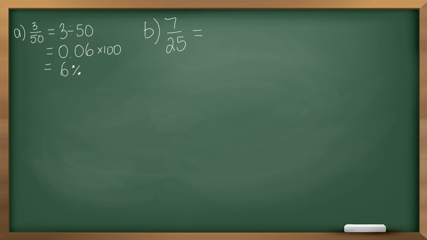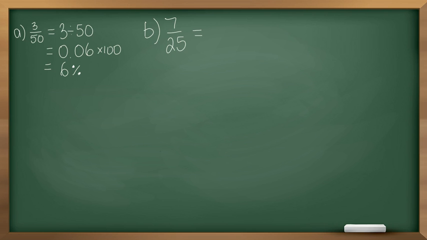So if I want an equivalent fraction that's out of 100, I would multiply 25 by 4. So multiply my denominator by 4 means I also need to multiply my numerator by 4. So 7 times 4 is 28. So I think this is going to be 28%, but maybe I'll do it with the procedure we're given just to check and make sure.